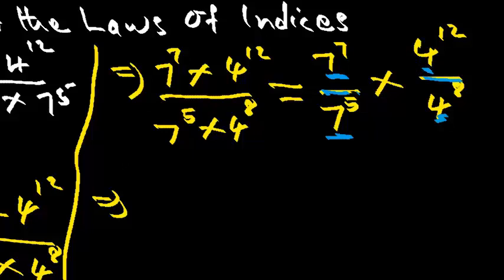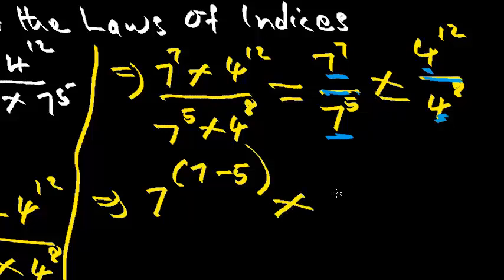So this one will now give us 7, then the exponent of the numerator is 7, minus the exponent of the denominator. That's the division rule for indices. Then we bring our multiplication here, so times 4, with the exponent of the numerator 12 minus the exponent of the denominator 8.